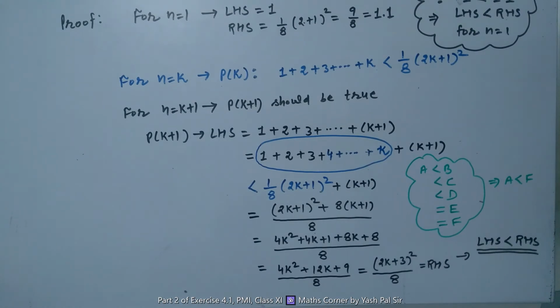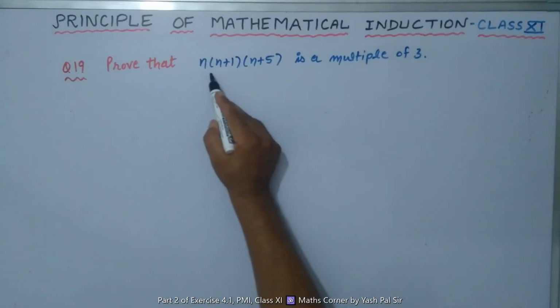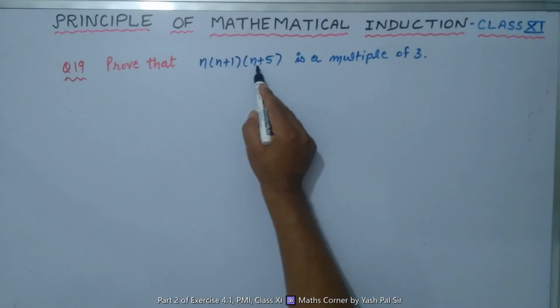Now coming to the next question. Our next question, number 19, is: prove that n into n plus 1 into n plus 5 is a multiple of 3. So first of all, what is the meaning of multiple of 3?